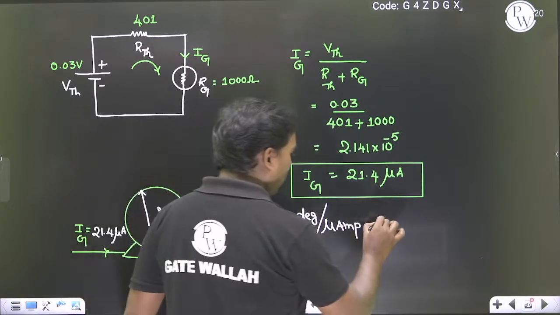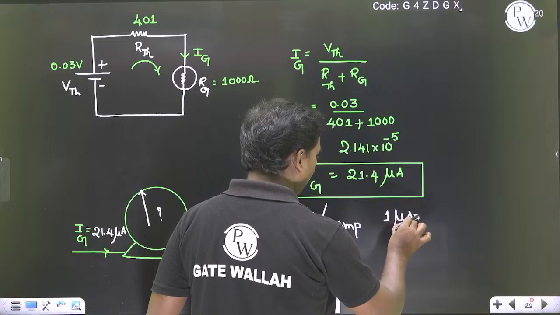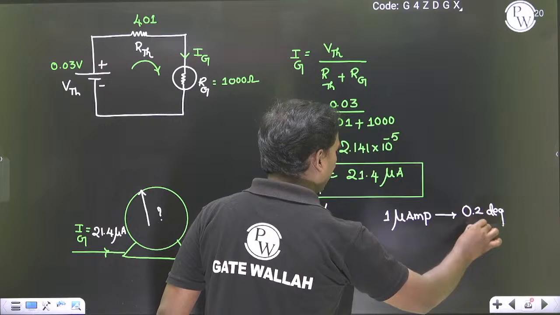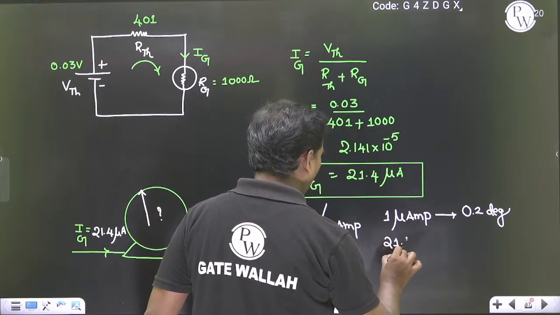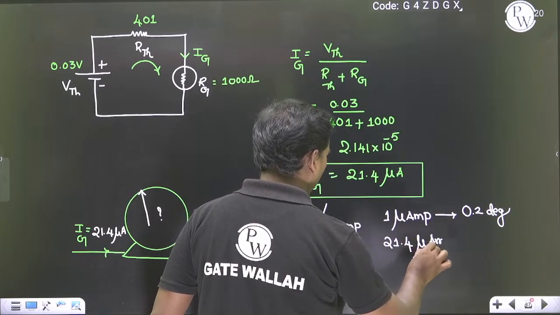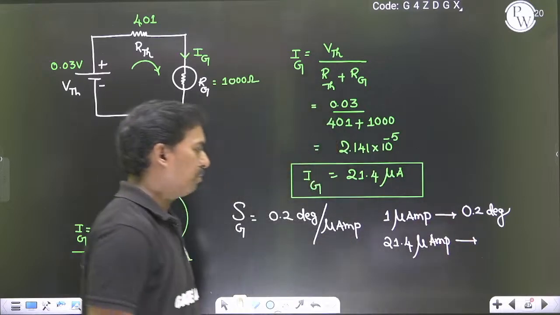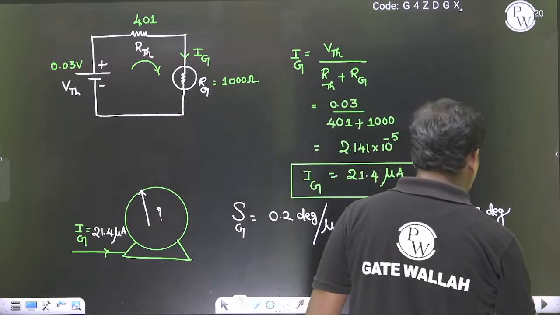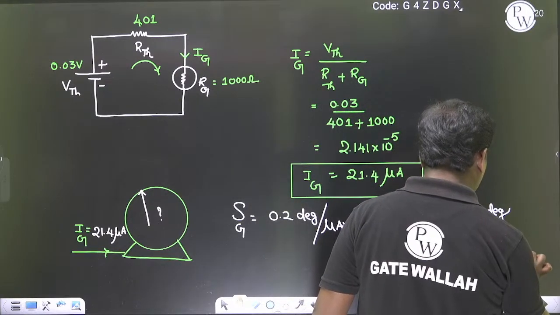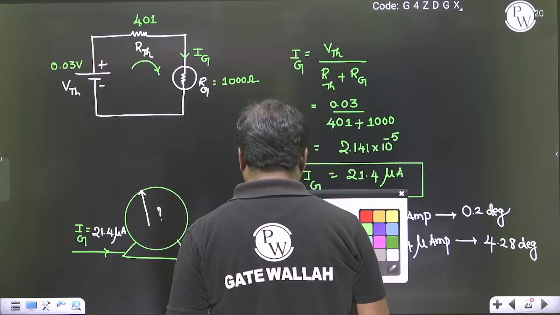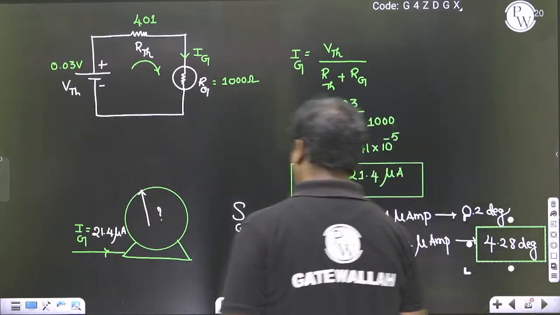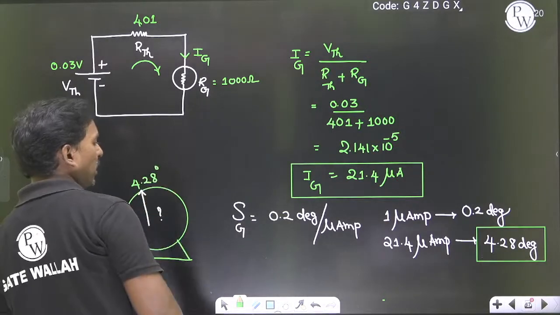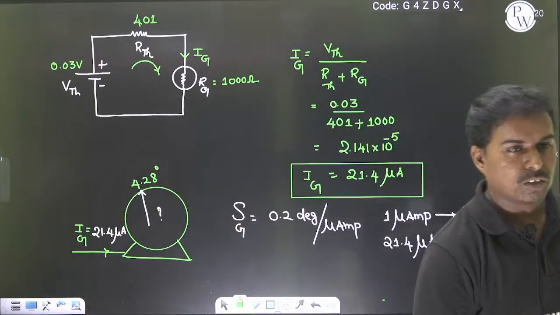So for 1 microampere current, I am going to get 0.2 degrees. For 21.4 microamperes, how much am I going to get? Into 0.2, 4.28 degrees. So the right answer for this question is 4.28 degrees. Got it?